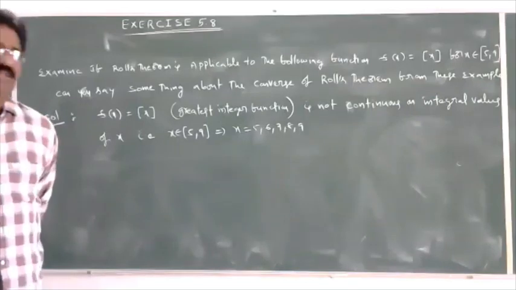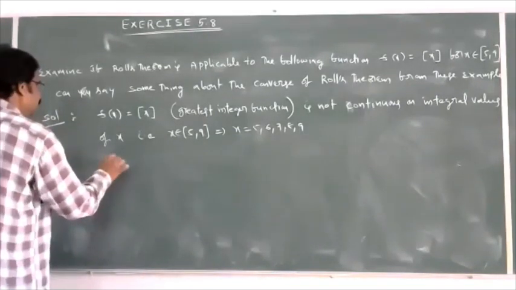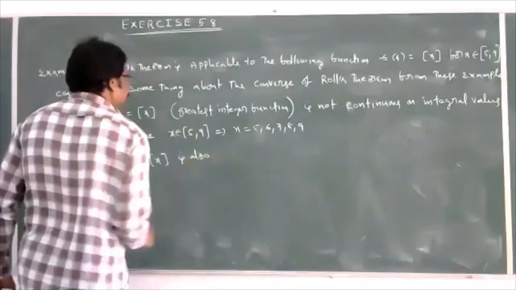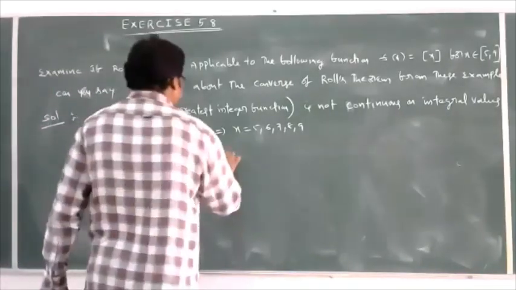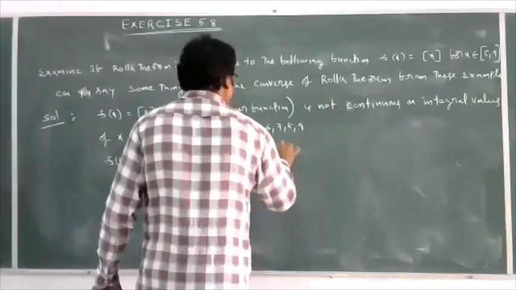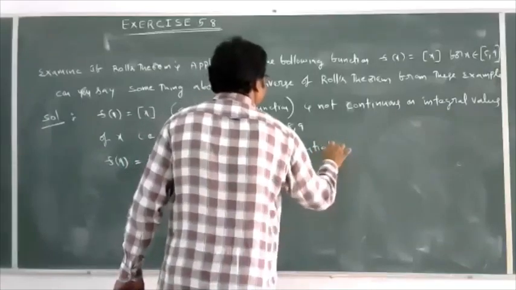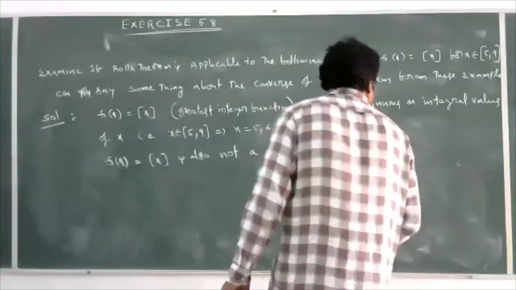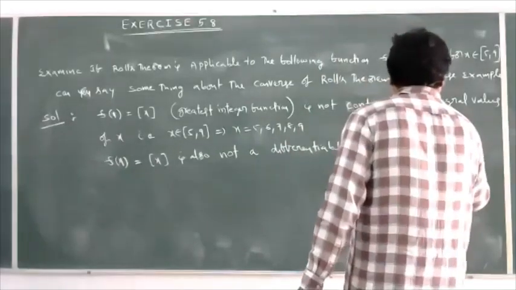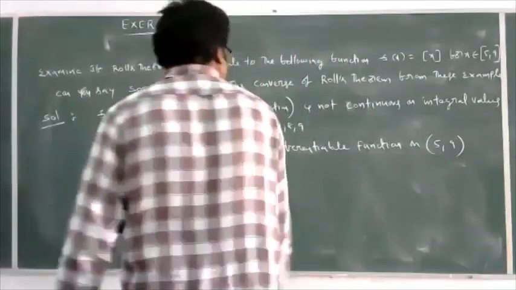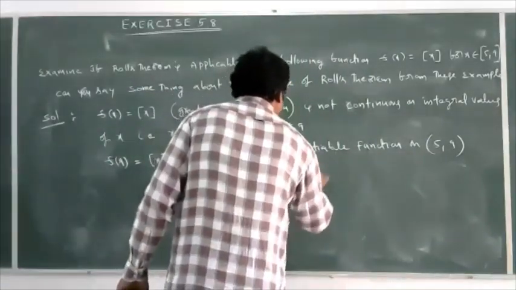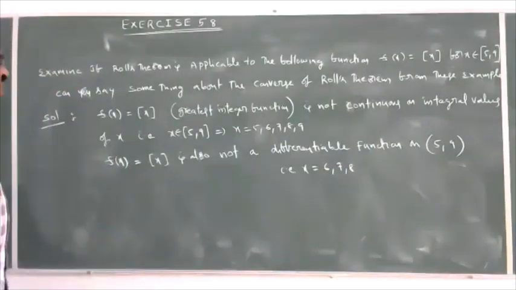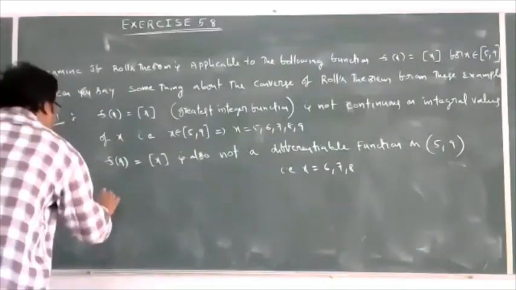Next step. It is also right like this: f of x is equal to step x is also not a differentiable function on open 5 comma 9, that is, x is equal to 6, 7, 8, etc. Next, third point.